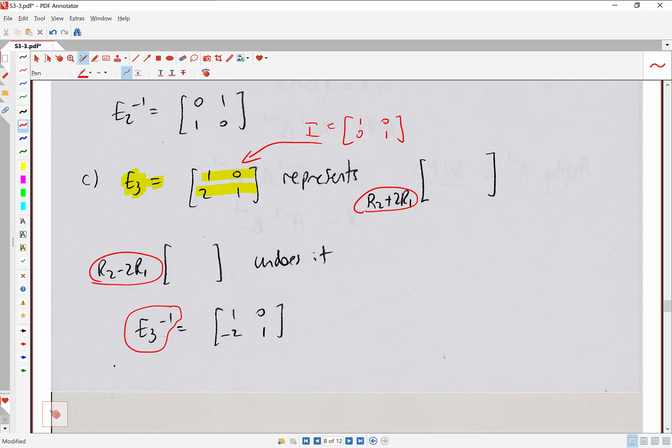So E3 inverse just encodes this operation, row 2 minus 2 row 1. And again, just ask yourself, how is the identity matrix changing? So you start with I, you perform this operation, row 2 minus 2 row 1, and what's happening? You're getting the matrix 1, 0, negative 2, 1. So that's a conceptual way of thinking about E3 inverse.